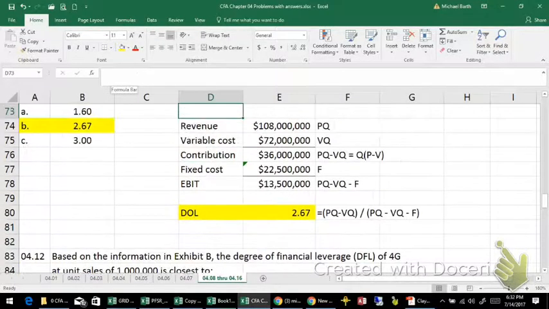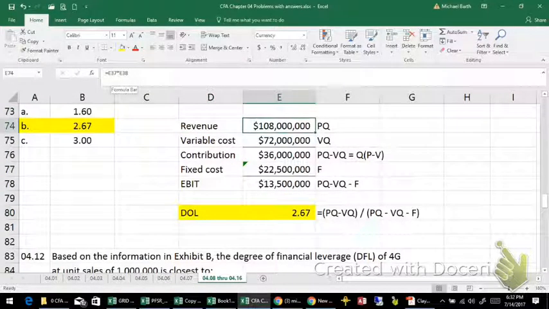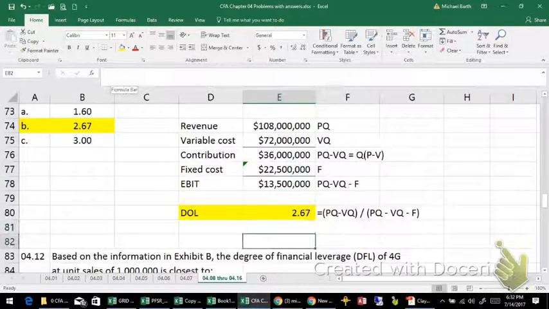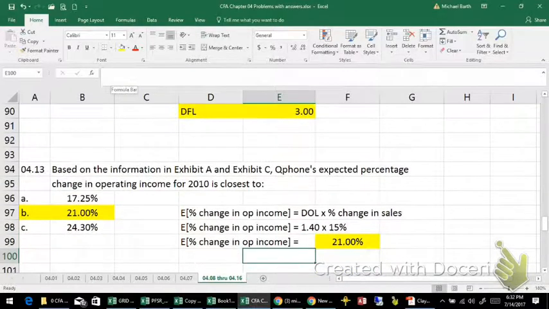That's just based on the same type of calculation. Again, we did 4G here because it's in the problem. Mary had already done the calculations for Q-Phone before we got to questions 4.8 through 4.16.